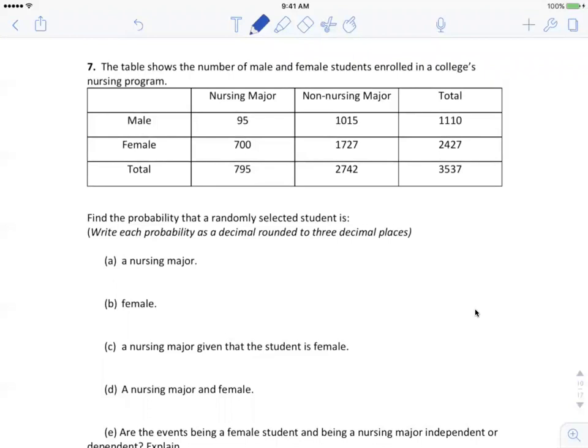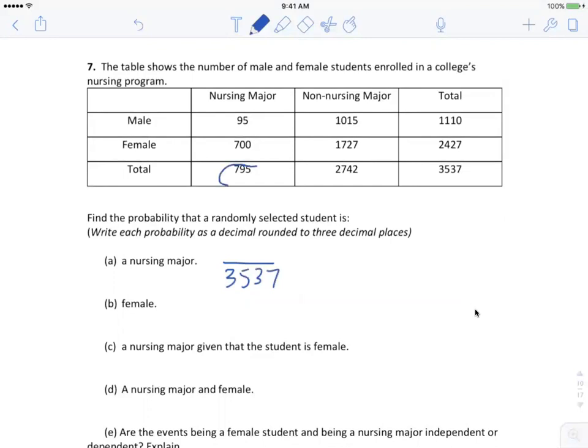Find the probability that a randomly selected student is, and then you have some different questions. What's the probability that a student is a nursing major? So starting off with the simple ones. Okay, so there are a total of 3,537 students in the study. How many of them are nursing majors?